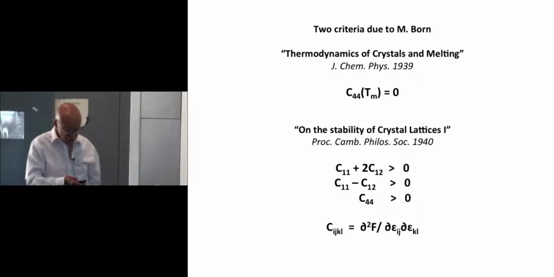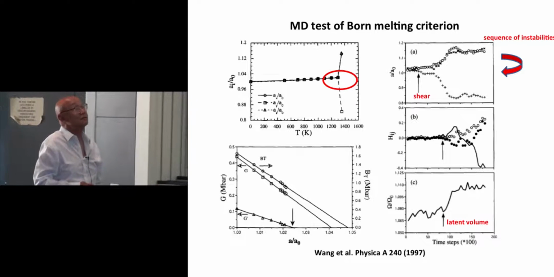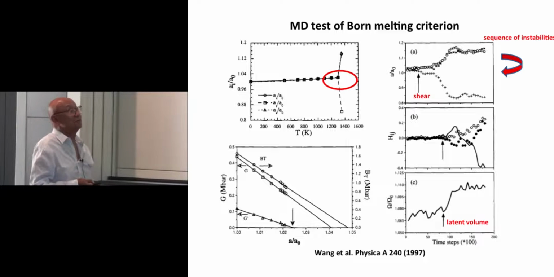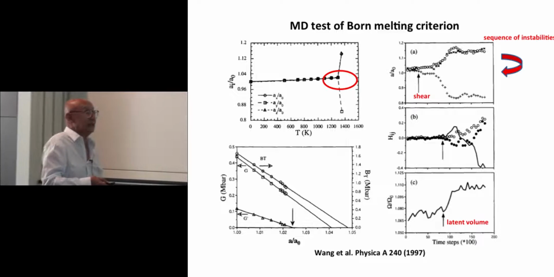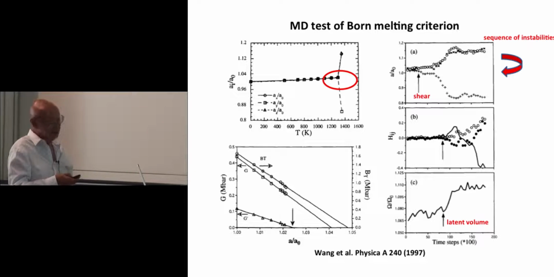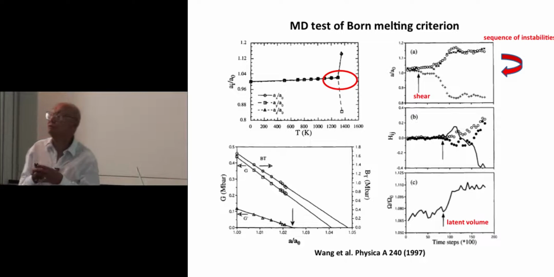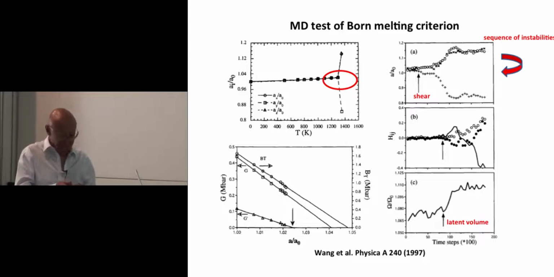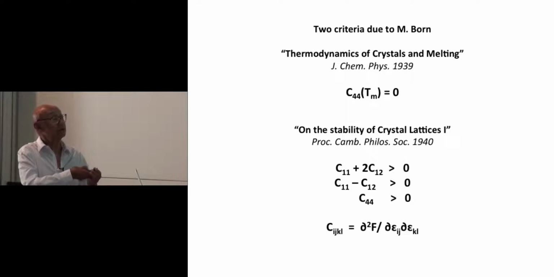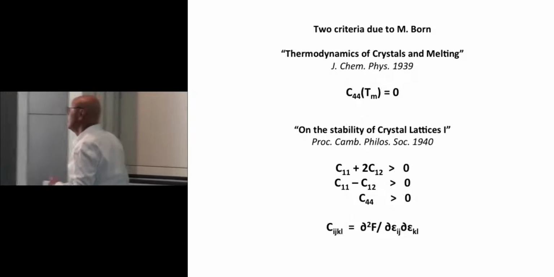Well, what you can do is do this simulation, which was done around 1997 or so, where we simply did a constant pressure run. Incidentally, these Born criteria are all derived on the basis of zero loading.